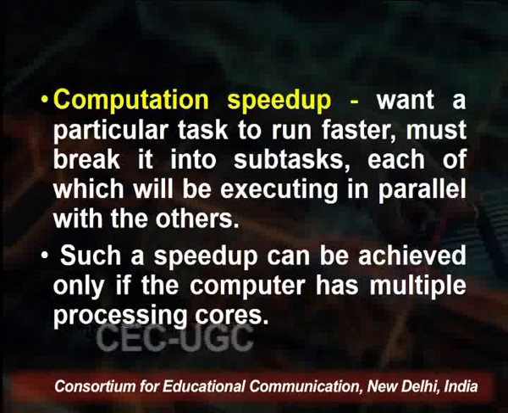Now, imagine a big program which is broken up into various modules, and all these modules are executing in parallel. Let us say there is a variable which is going to be used by many of these modules. In the language of programming, we call it a global variable.